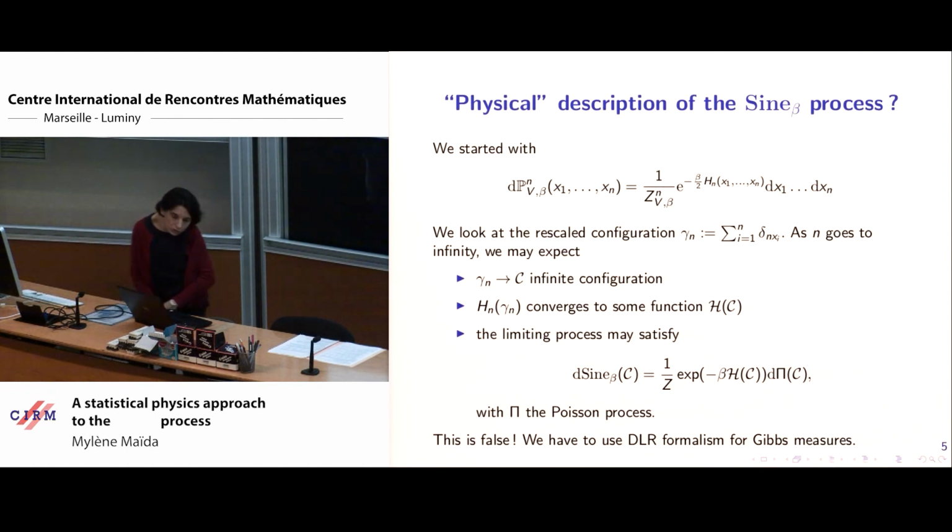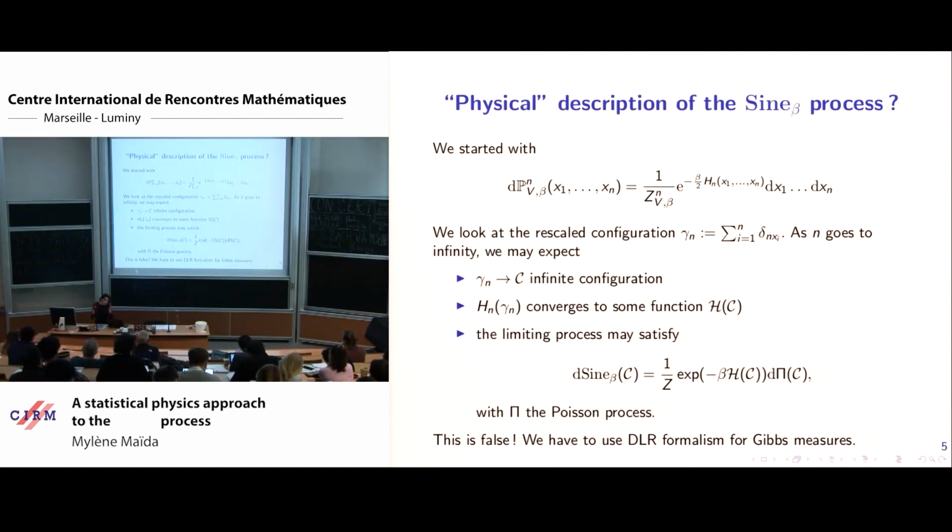I'll show you right after what I mean by DLR equation. In fact, it's about describing, so you fix a compact set, and you want to describe the conditional law of the process inside the compact box, knowing the configuration outside.